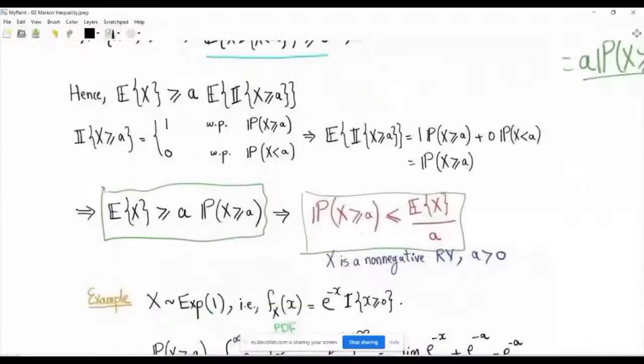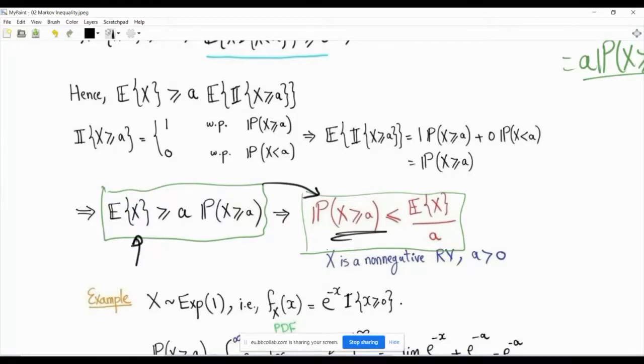And that's it. This is basically the Markov inequality, but typically it is not written as a lower bound on the first moment; the way we typically write the Markov inequality is as an upper bound on the tail probability. What is the probability that x is greater than or equal to a? You can make a guess regarding this probability if you know just the first moment of x.